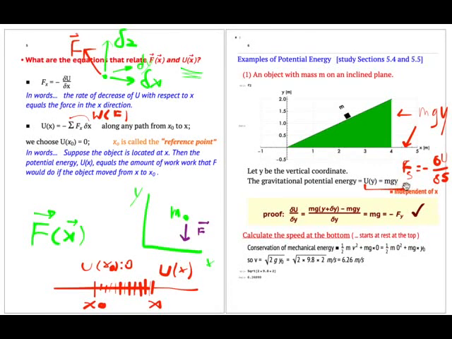Well, the rate of change of U in the x direction is 0, because U doesn't depend on x. If I change x, I don't change U. Delta U is 0. So the force in the x direction is 0. That's because gravity is a force which is downward.